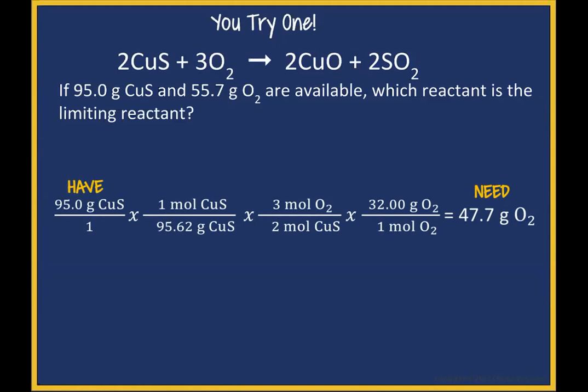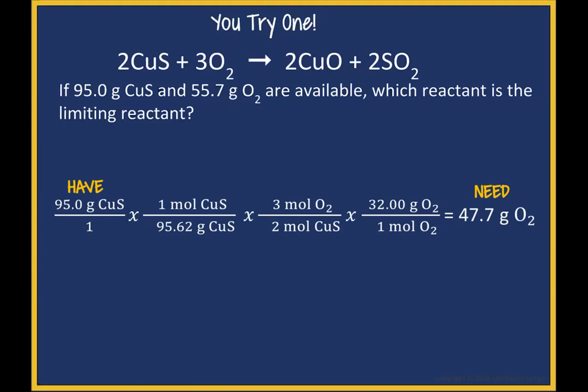We change it to moles. Okay, this 1 mole of copper sulfide, and we put grams on the bottom. This 95.62 comes from the periodic table. Grams always come from the periodic table.